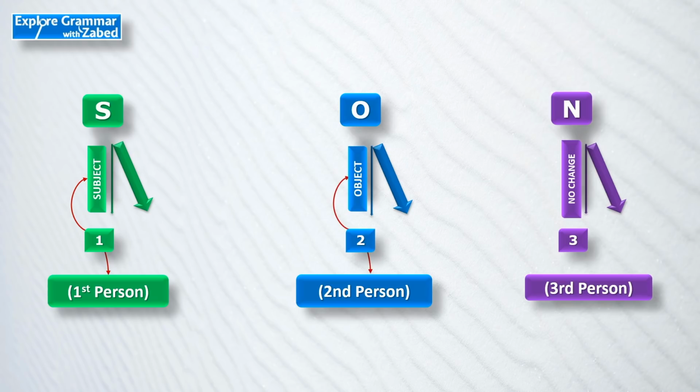That means that the first person of the reported speech changes according to the subject of the reporting speech. The second person of the reported speech changes according to the object of the reporting speech, and the third person of the reported speech does not change.